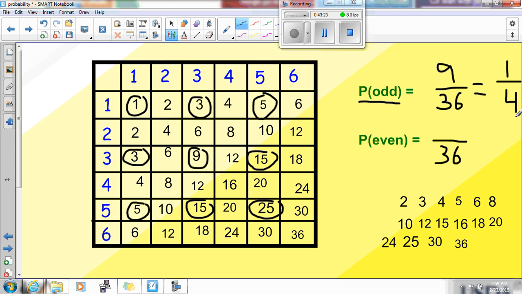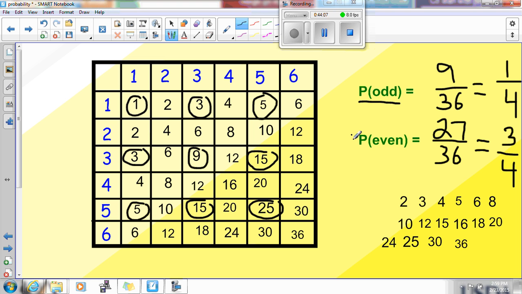But notice all the rest are evens. 1, 2, 3, 4, 5, 6, 7, 8, 9, 10, 11, 12, 13, 14, 15, 16, 17, 18, 19, 20, 21, 22, 23, 24, 25, 26, 27 times. 27 times it could be even, which is to say 3/4 of the time, because 9 goes into 27 3 times, and 9 goes into 36 4 times. 3/4 of the times it'll be even.